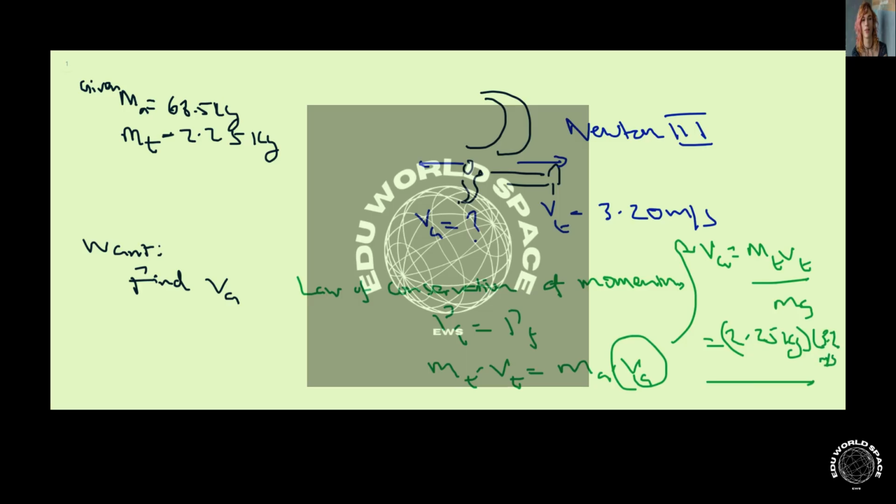Then we divide that by the mass of the astronaut, which is given as 68.5 kilograms. If I plug in these numbers, I get 2.25 times 3.2, and then you divide that by 68.5 kilograms.